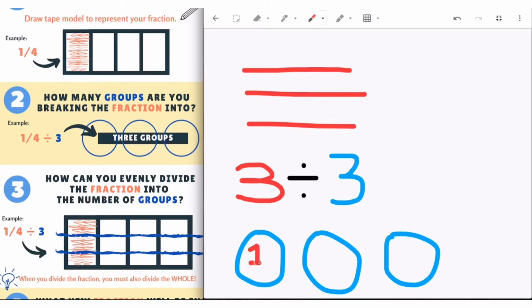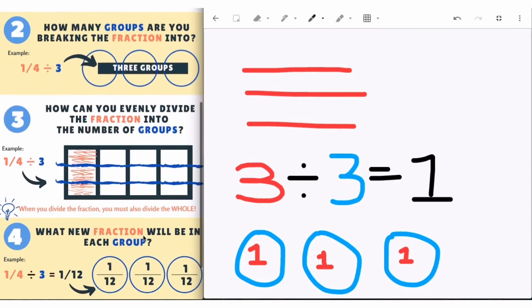So 1, 1, 1. To evenly divide my number into groups, all I have to do is put 1 foot into each group. This also tells me that 3 divided by 3 equals 1.